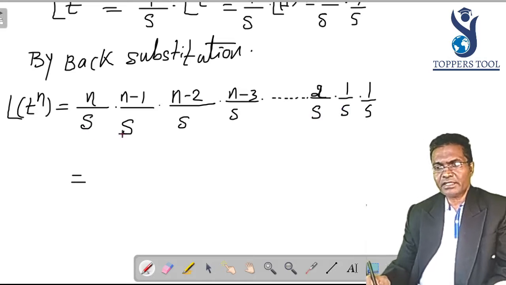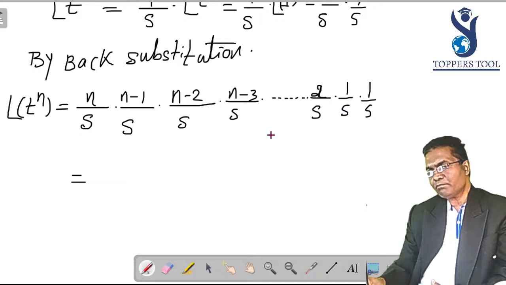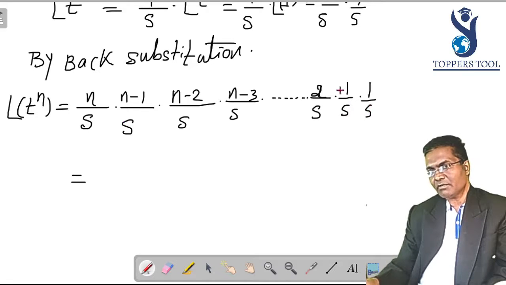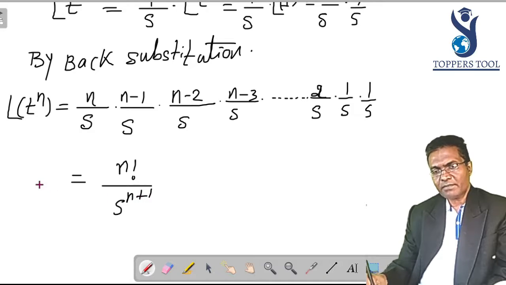In the denominator, s is multiplied how many times? It is multiplied n plus 1 number of times. From here to here it is n number of times, and there is one extra s. Look here, 1 2 3 up to n we have. So the numerator is n factorial divided by s multiplied n plus 1 number of times, so s power n plus 1.